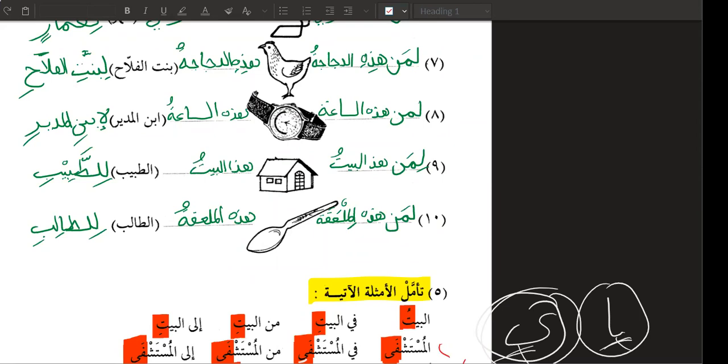Then to continue with الدرس الثامن, the 8th lesson.